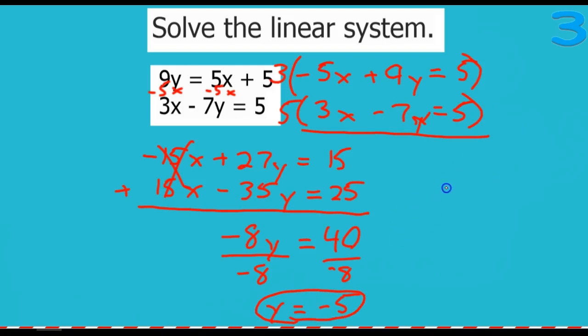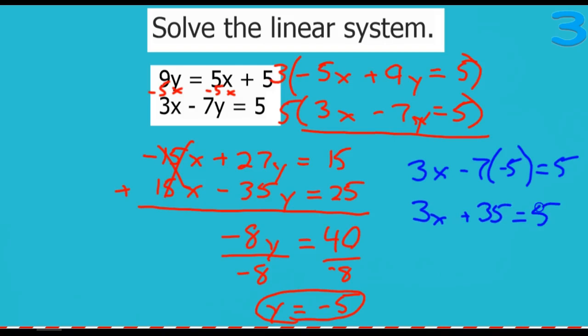Then I can take that negative 5, replace it for a y, so 3x minus 7 times negative 5 equals 5. So 3x plus 35 is going to equal 5.